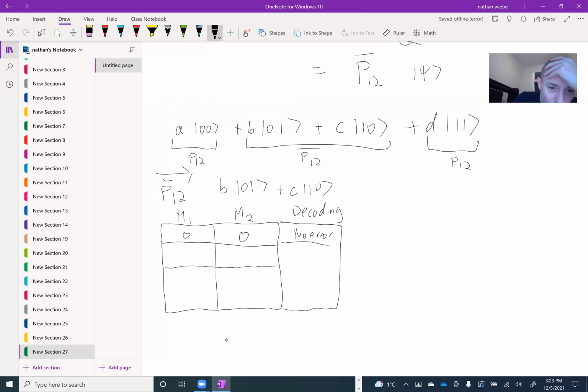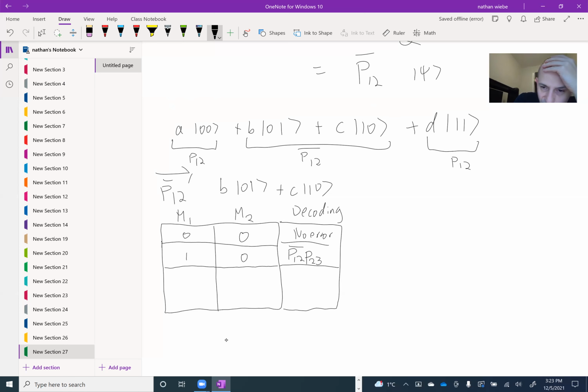Now let's take a look at the case where M1 is 1 and M2 is 0. In this case, what we've done is we've applied the projector P12 bar P23. And so what does this mean?